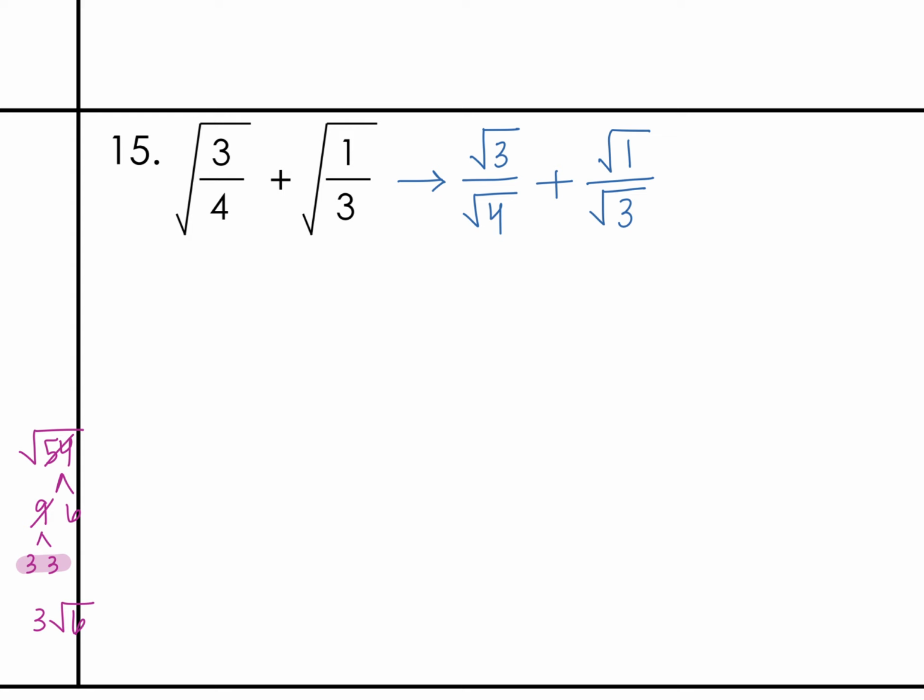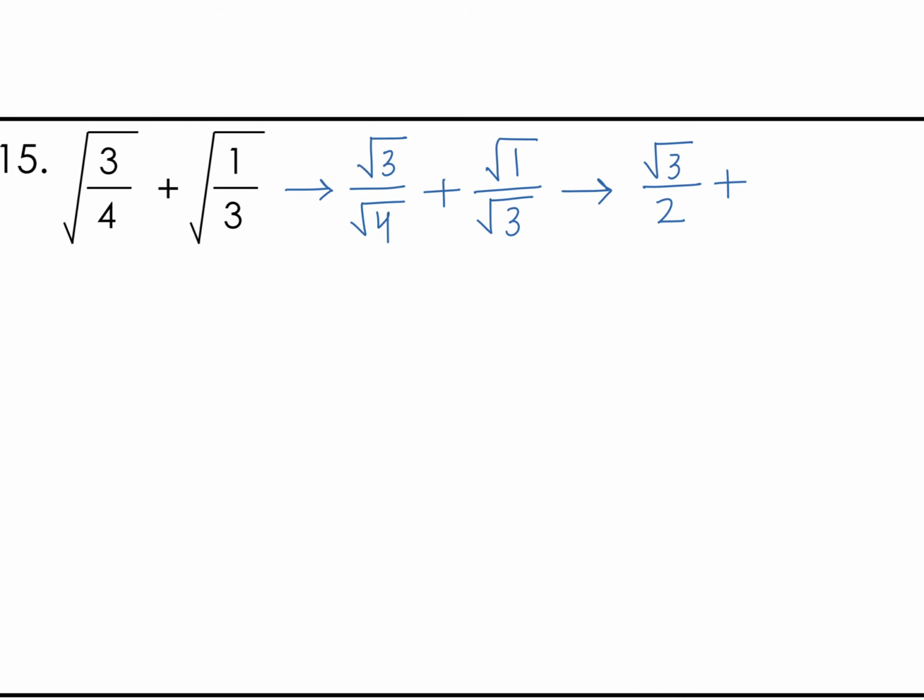All right, so what I notice here is that I have two perfect squares. I have the square root of 4, which is just 2. So I'll have the square root of 3 divided by 2. Plus, we'll have that square root of 1, which is just 1 over the square root of 3.